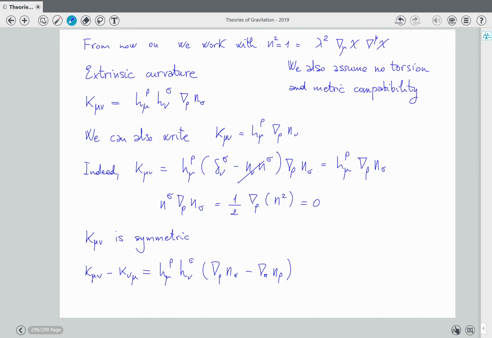And now we use the formula we found before, that n_mu is, apart from a factor, determined by this condition. This condition up there is the one that gives lambda, but we do not need to make it explicit. We just use this.